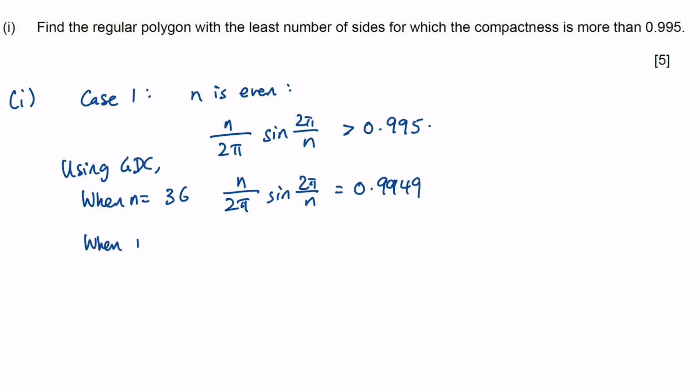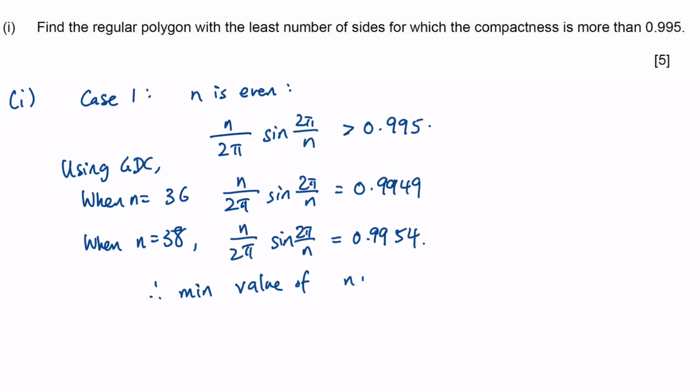When n equals 38, n over 2 pi times sine of 2 pi over n is actually 0.99954. So therefore the minimum value of n is 38. Right, that's for n is even.